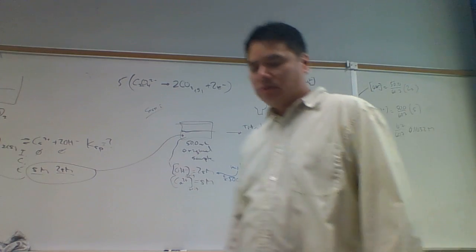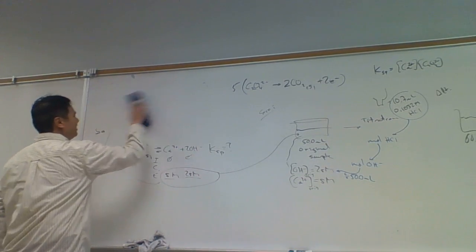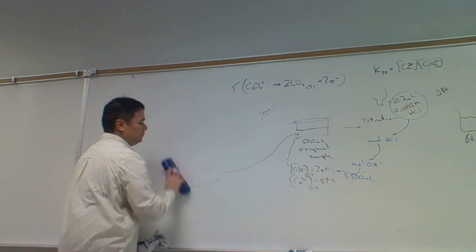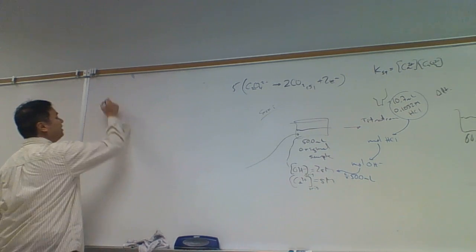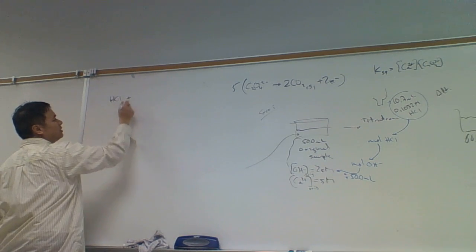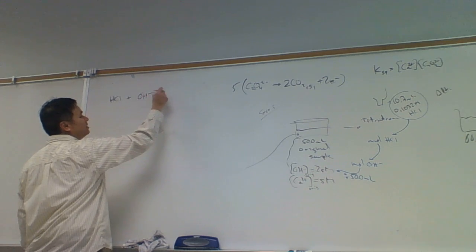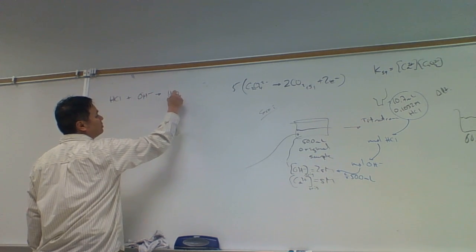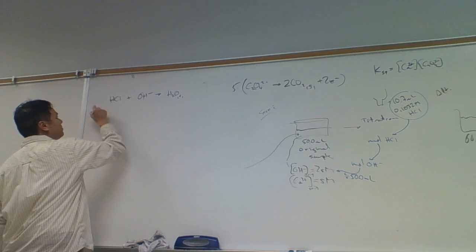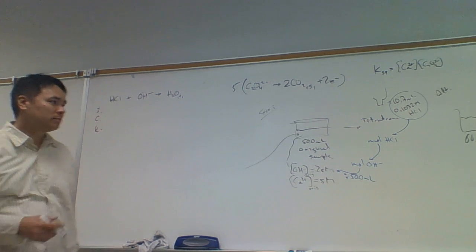If we wanted to do this like a chapter 17 problem, we would be doing it like this. We take the strongest acid, HCl, and react it with the strongest base. The strongest base is just going to be hydroxide. And this is going to produce water, H2O liquid. K for this should be very, very large, and so it's going to react to completion.